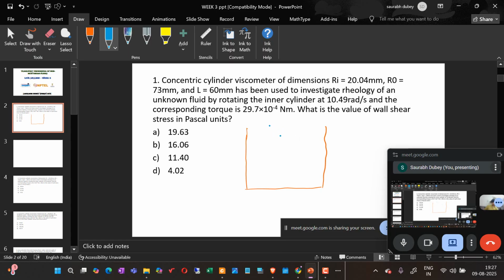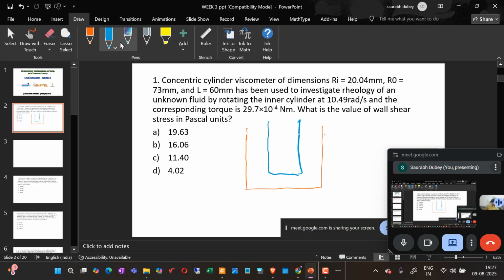Somehow the eraser should go. Okay, so this is your outer cylinder, and this is your inner cylinder.